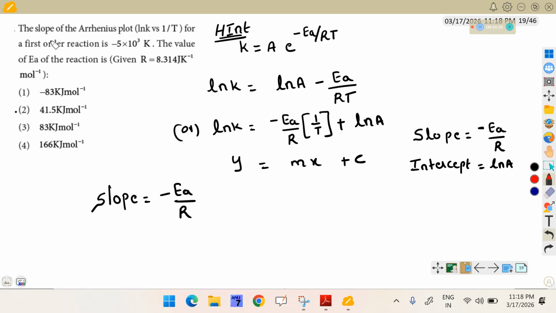Next question. The slope of the Arrhenius plot for a first order reaction is given as -5 into 10 cube. Find the value of activation energy, given R is equal to 8.314 joule per Kelvin per mole. Or you can take R as 8.314 into 10 power minus 3 kilojoules per mole per Kelvin.